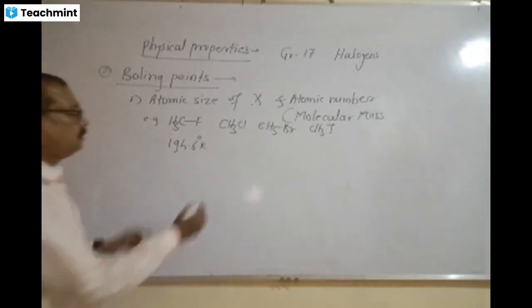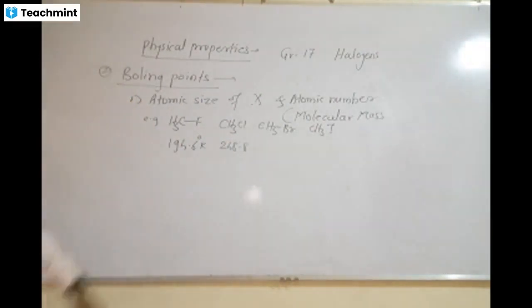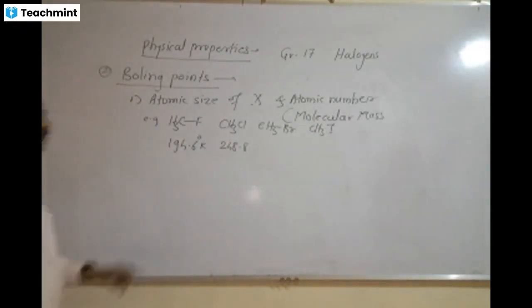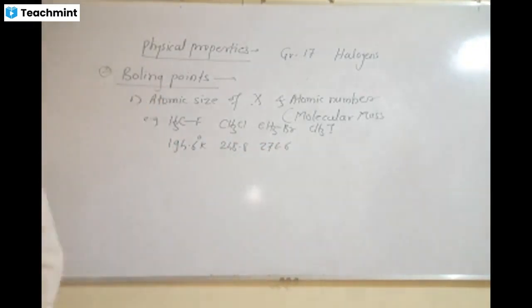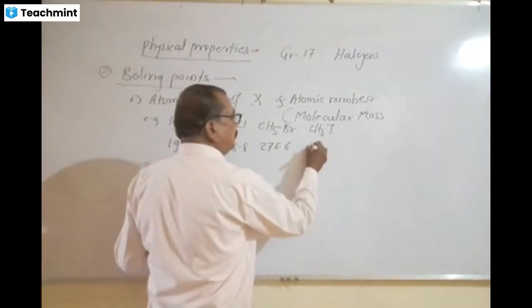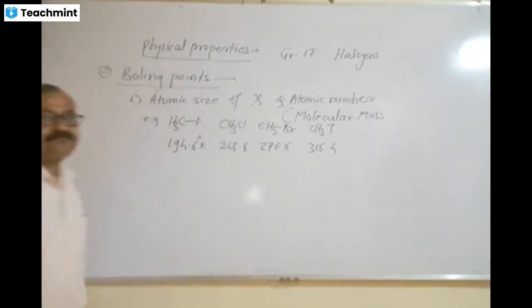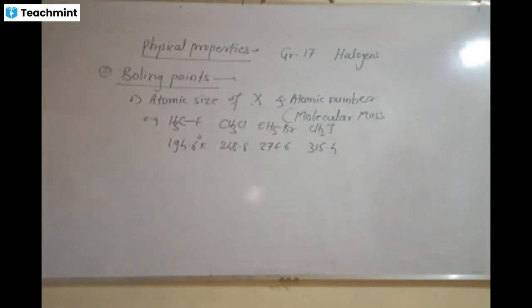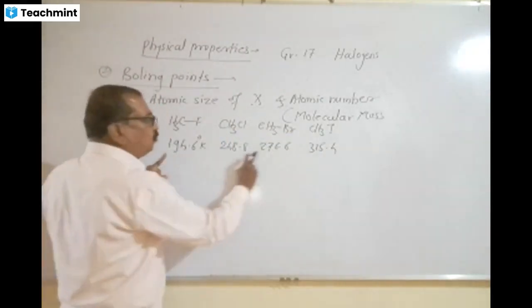CH3Cl 248.8, that of CH3Br 276.6 and CH3I 315.4 Kelvin. From this first compound to last compound, boiling point goes on increasing.